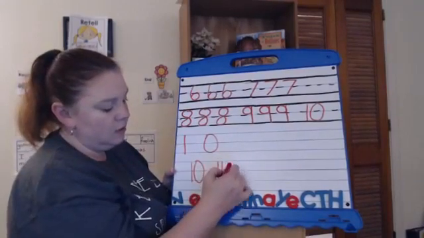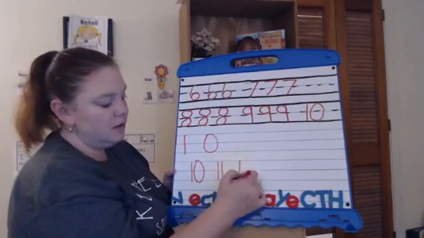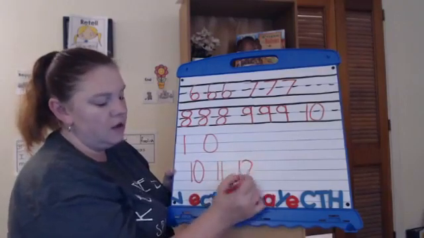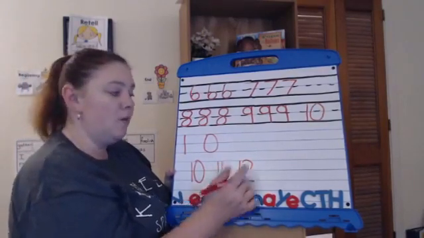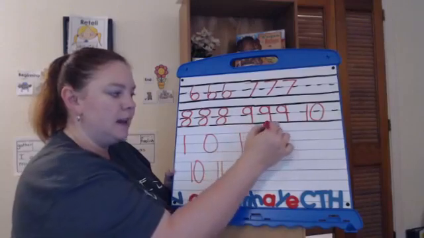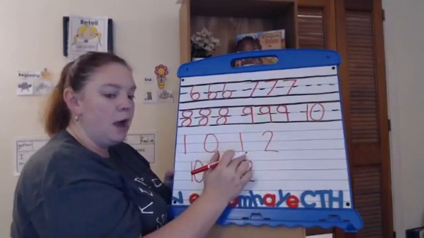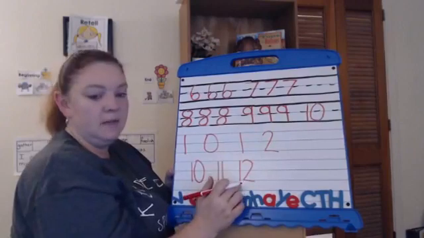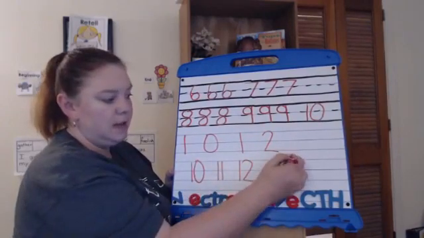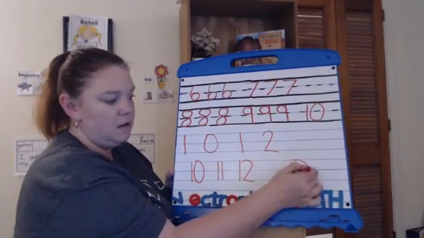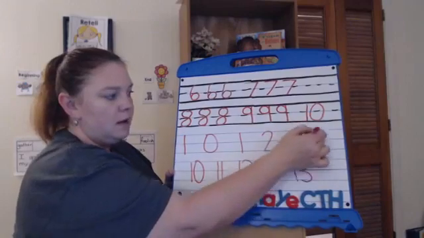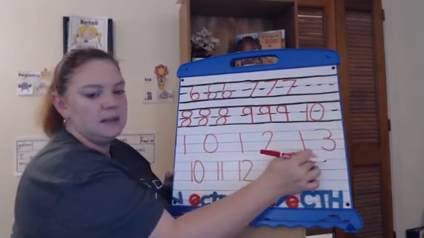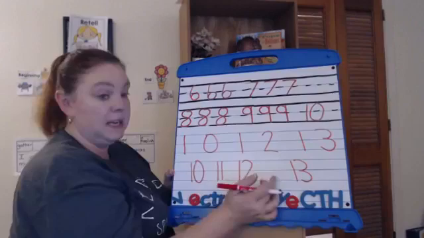They're close together so that you know those two numbers go together. For instance, 12, if you wrote it with a lot of space between, it would look like 1, 2 instead of 12. Same thing for 13.